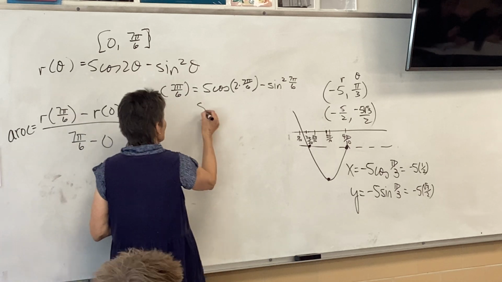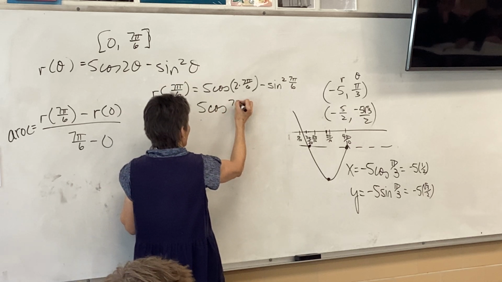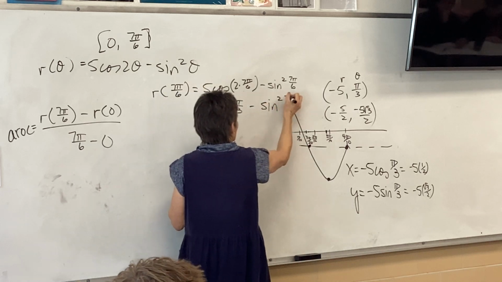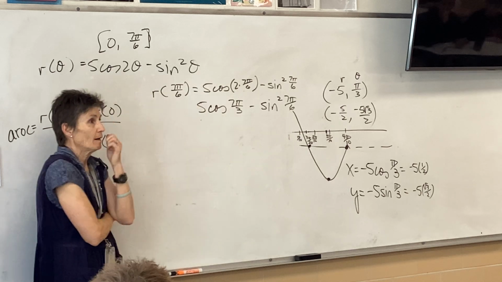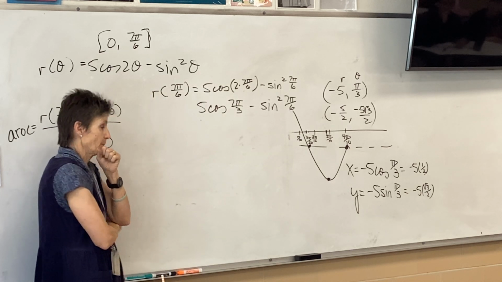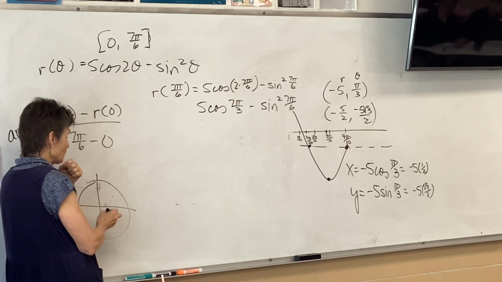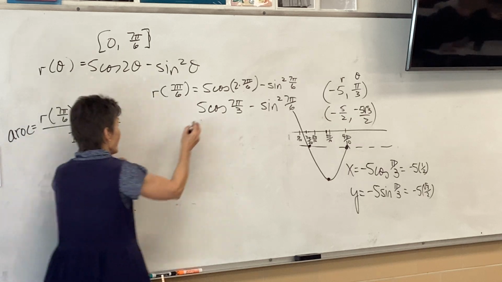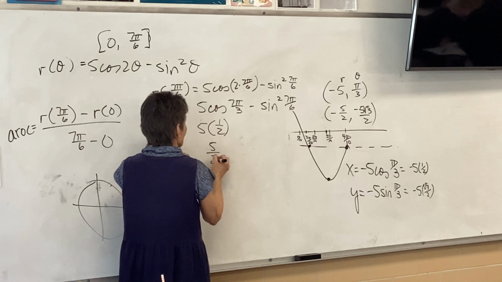All right, what's 2 times 7 pi over 6? 7 pi over 3. Okay, what is the cosine of 7 pi over 3? 7 pi over 3 is the same as pi over 3, isn't it? So the cosine is 1/2. So this is 5 times 1/2, or 5/2.